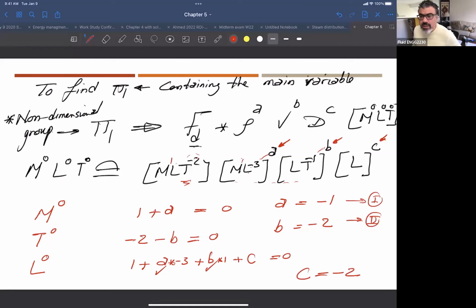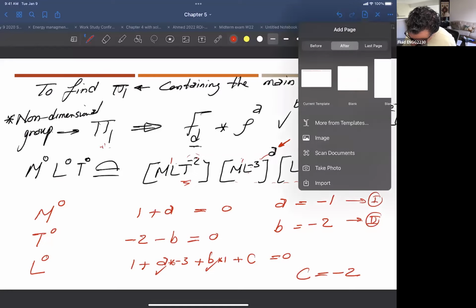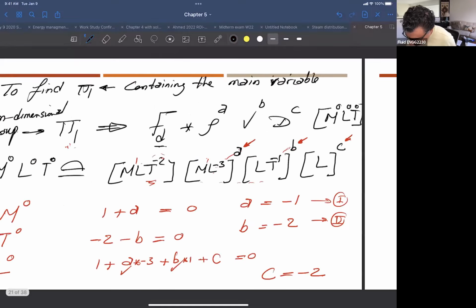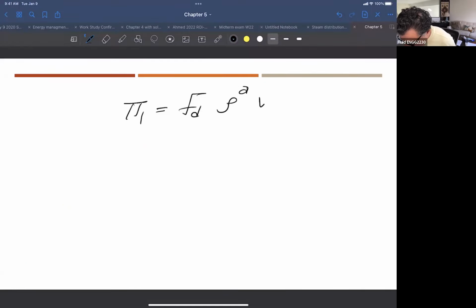So what is this telling you here? It's telling you simply that the group that you created, which is pi 1, is FD rho to the power A, V to the power B, D to the power C. A is minus 1, B is minus 2, C is minus 2.